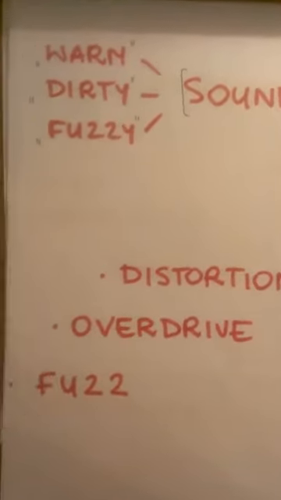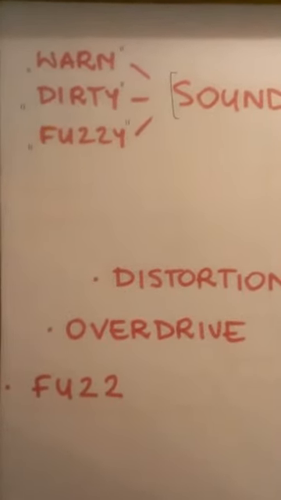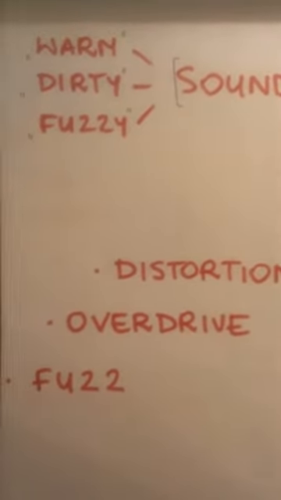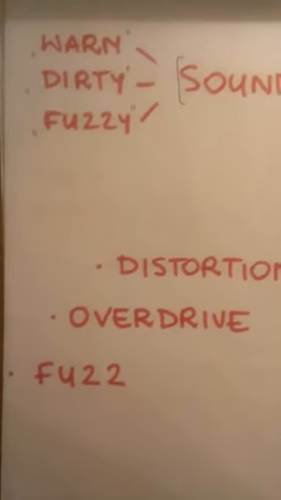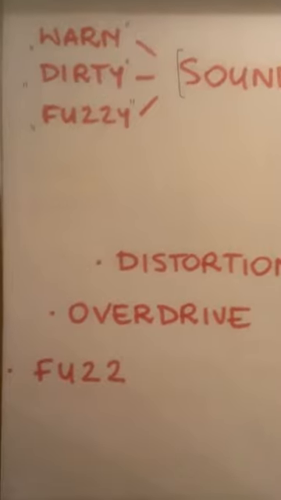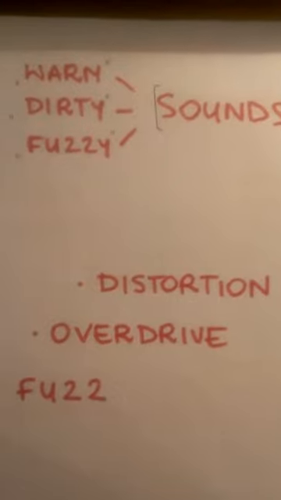Distortion has long been integral to the sound of the electric guitar in rock and roll music, and is important to other music genres such as electric blues and jazz fusion.